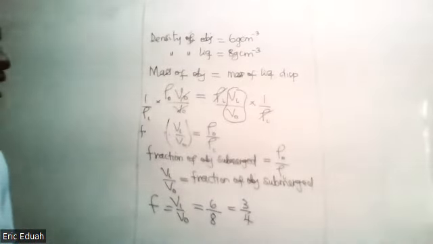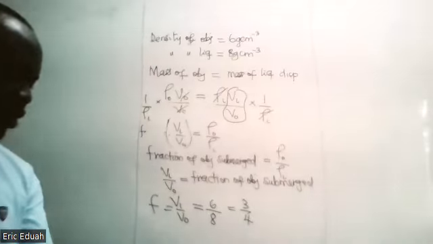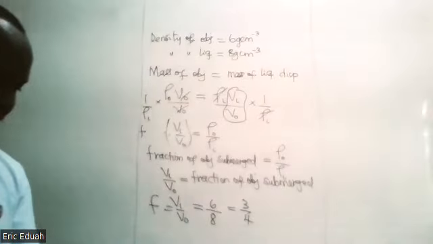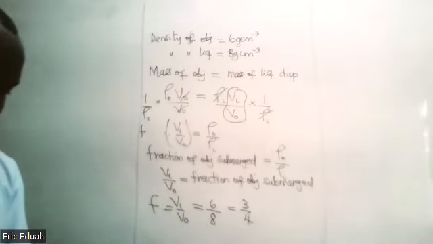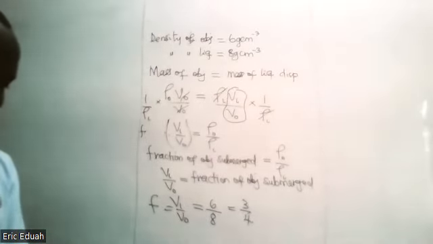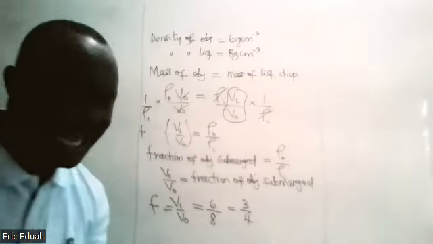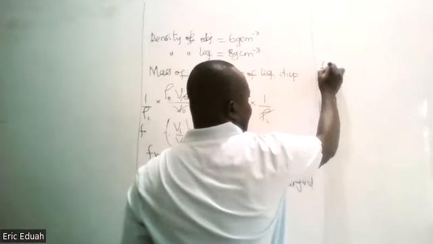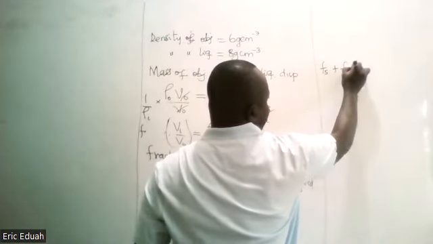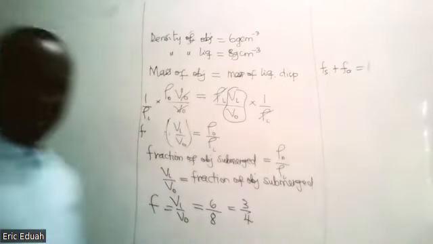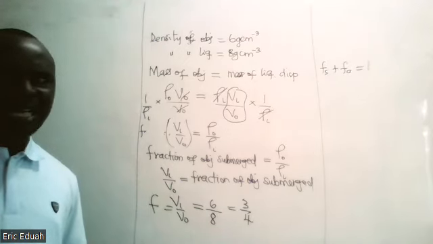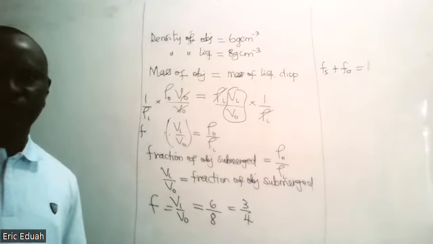Now the question is demanding that we find the fraction of the object above. Calculate the fraction of the solid that floats above. Now, fraction submerged plus fraction above must be equal to 1, just as percentages amount to 100.